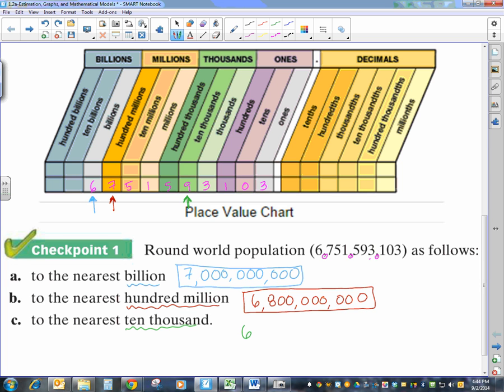So I'm going to say 6, comma, 751, comma, 59. That was the number I was rounding. Everything after it becomes a 0. So this is to the nearest 10,000, 6,751,590,000.